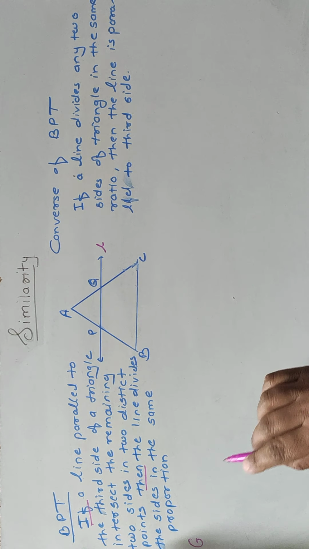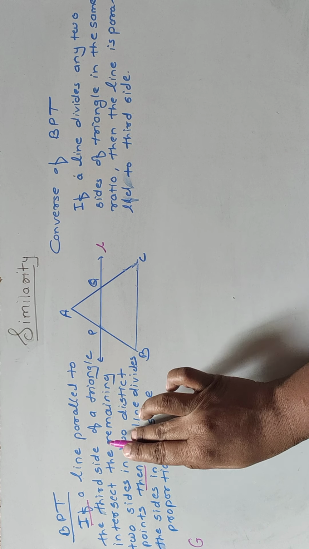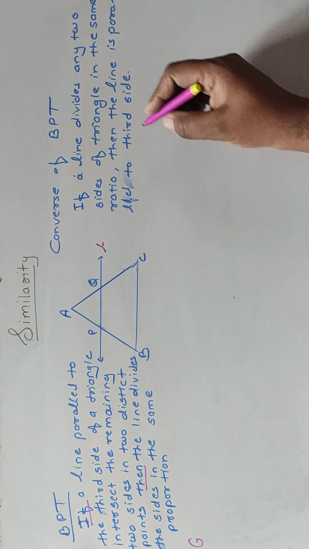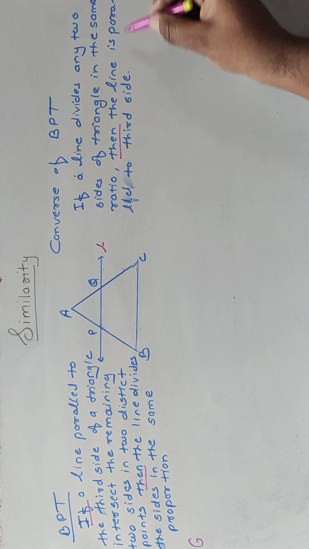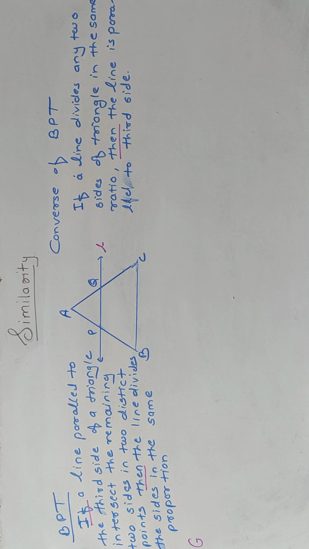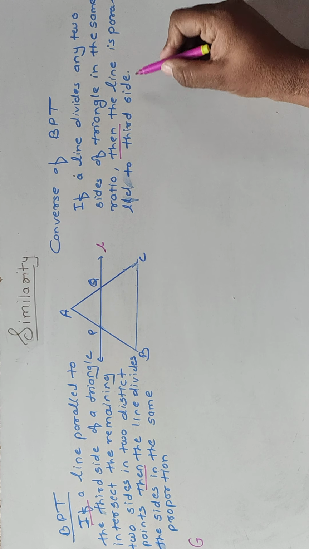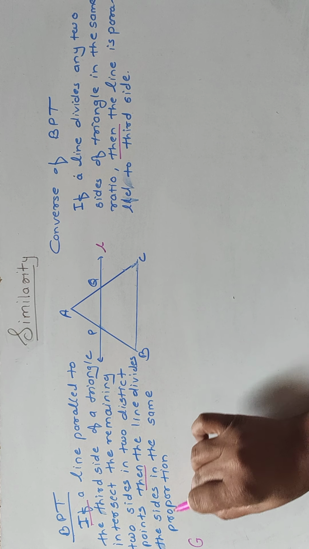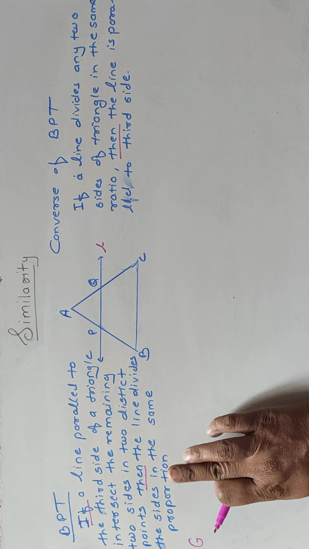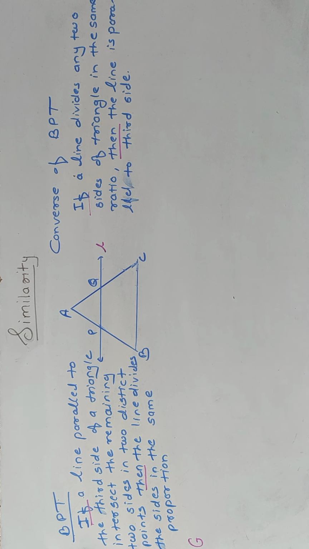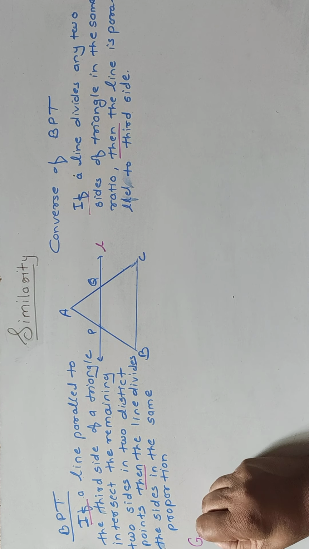In this statement, the line parallel to the third side is the antecedent, and it becomes the consequent for the converse. The line divides the sides in the same proportion is the consequent here, and it is the antecedent for the converse. So here it will change.